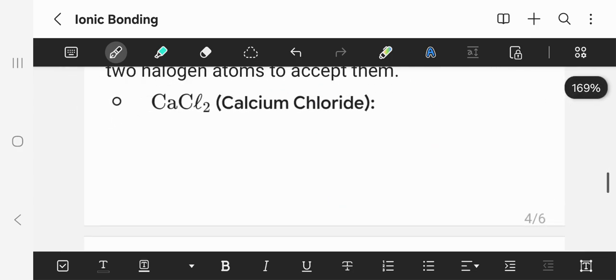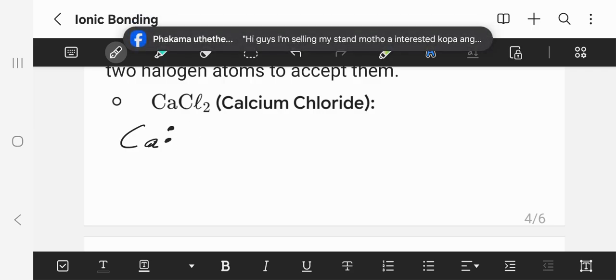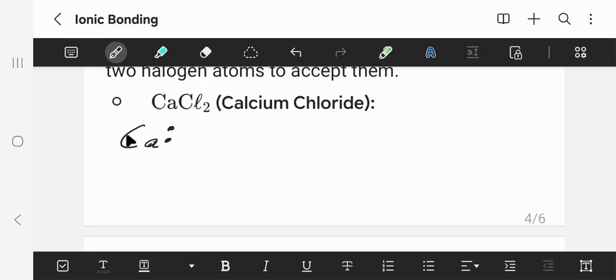Now let's draw the Lewis diagram for this bond. Here we have calcium, and calcium will have 2 electrons. Obviously, I'm gonna put them like that. I can put this one here, but I think it makes no difference. So I will have it here, and this means that this calcium will lose its electron to 2 chlorines.